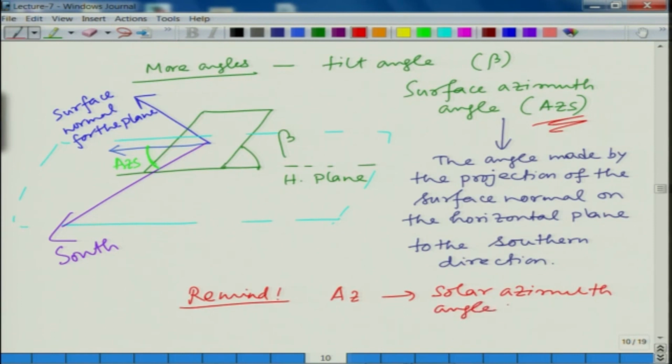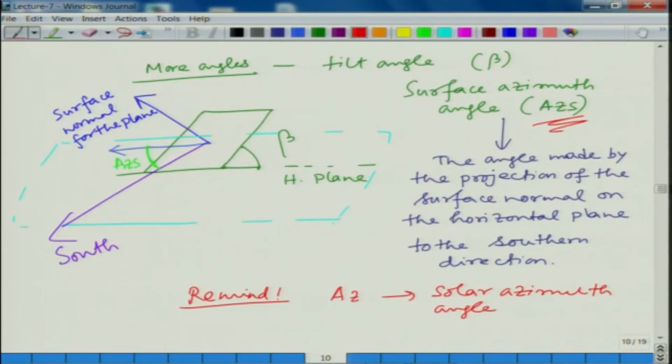It is the angle between the projection of the sun ray on the horizontal plane with the southern direction. So, azimuth angle, whenever we talk about it, we define it with reference to the south direction, whether it is the solar azimuth angle or the surface azimuth angle. So, it is very important that you note the difference between these two.